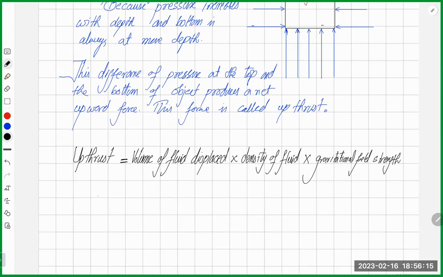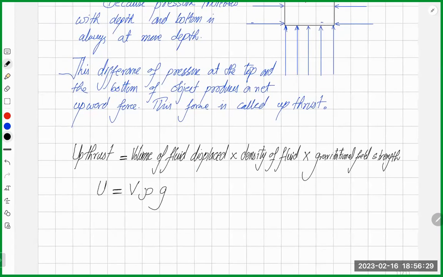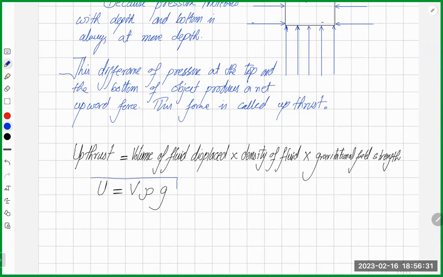Okay, so upthrust equals volume, density, and gravitational field strength. Okay, any confusion?